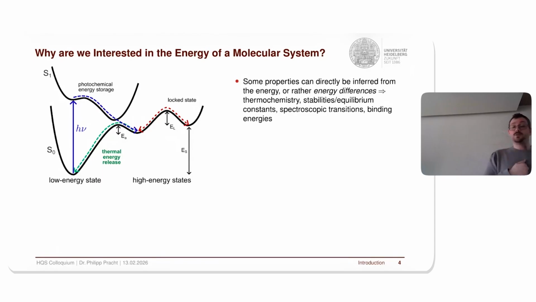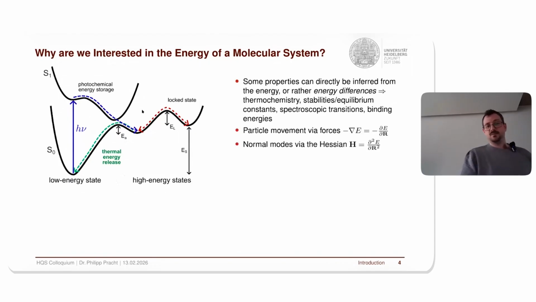So a figure that the Dreuw group in Heidelberg likes to use is this one for energy storage systems, photochemical energy storage systems, where you excite a molecule from a ground state into an excited state by shining light on it, from where this molecule can then relax and you can do some further chemistry with it.